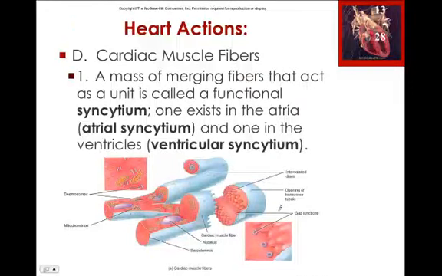Now, when we talk about the actual contraction of the heart and how it contracts, obviously again, your cardiac muscle tissue is made up of your cardiac muscle fibers. And if you remember those cardiac muscle fibers, if you looked at them, they have those intercalated discs where, again, they literally have these little gap junctions.